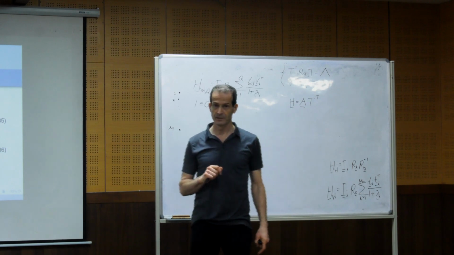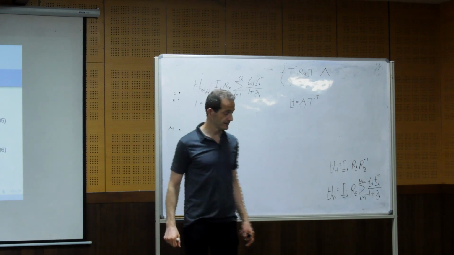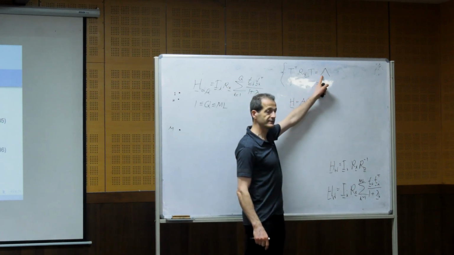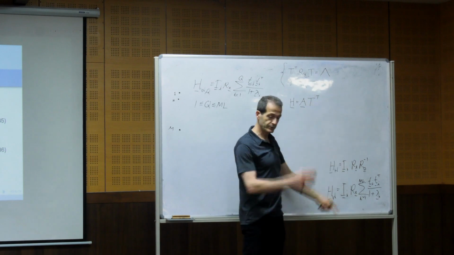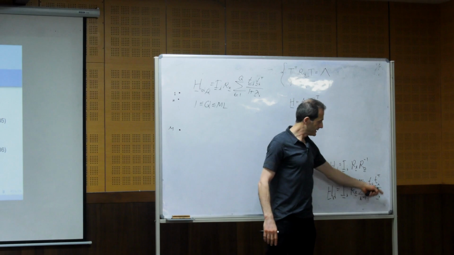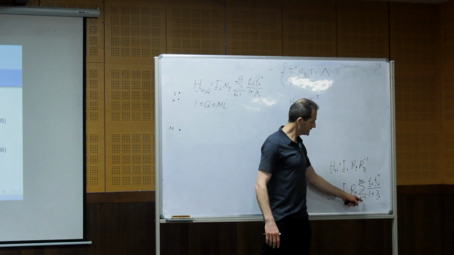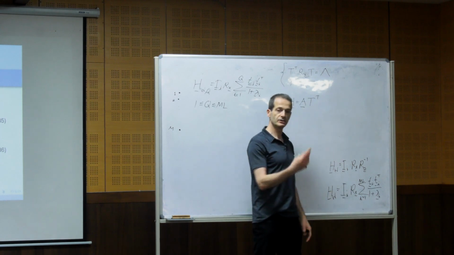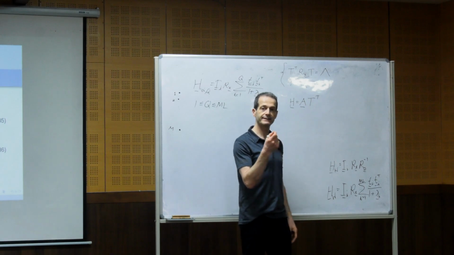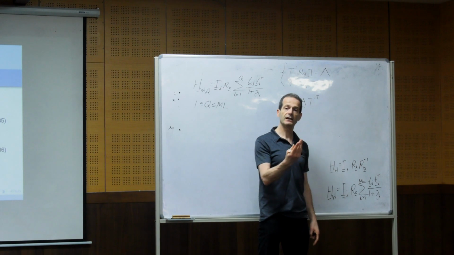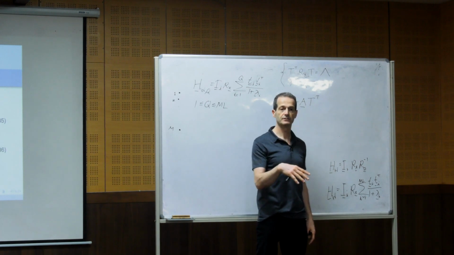What I claim is that once you order the generalized eigenvalues in decreasing order of lambda, the significance of the last terms is less than the first terms.